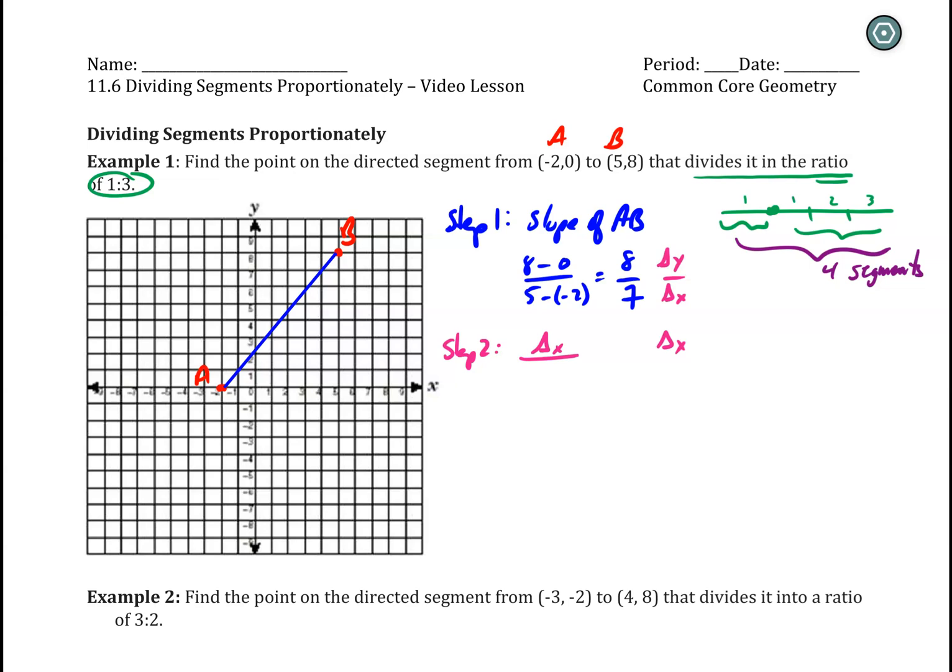So I want to go from here, and I want to say, what proportional change could I occur? Right now, we've got all the way up here and all the way this way. So I want to basically say, how can I divide this up into 4 segments? That would be 1, 2, 3, 4 equal segments. And how could I divide this one up here into 4 equal segments?